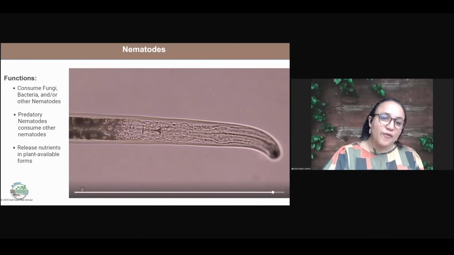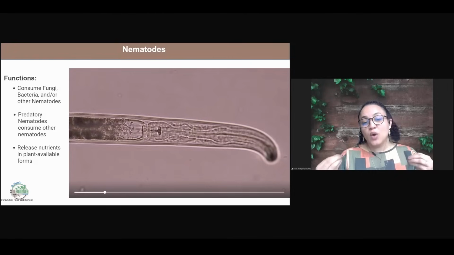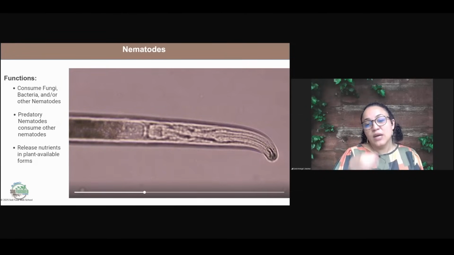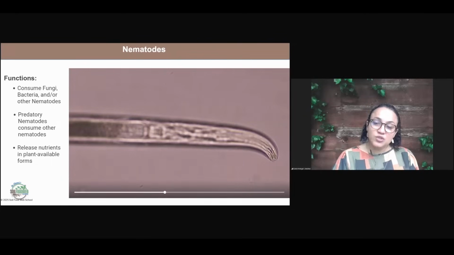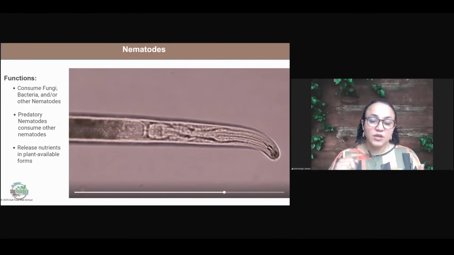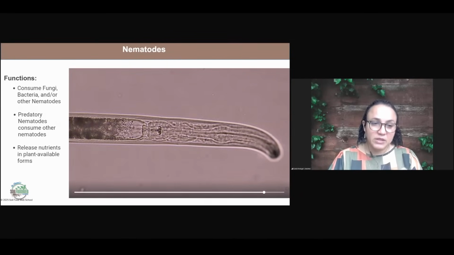But to identify how healthy your soil food web is, we need to understand the ecological role. And in the nematodes' case, understanding their ecological role is to understand what they're feeding on. So for this, we classify them as bacterial-feeding nematodes, fungal-feeding nematodes, predatory and root-feeding nematodes.